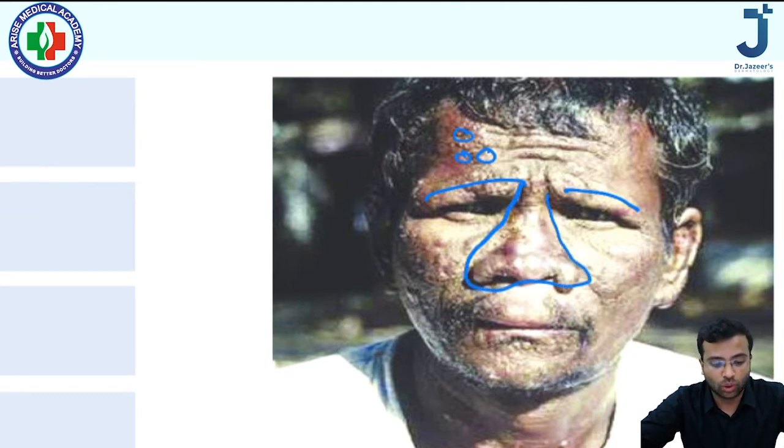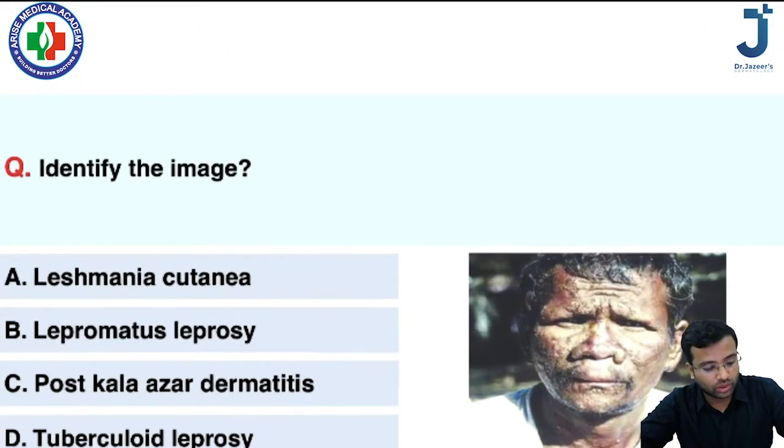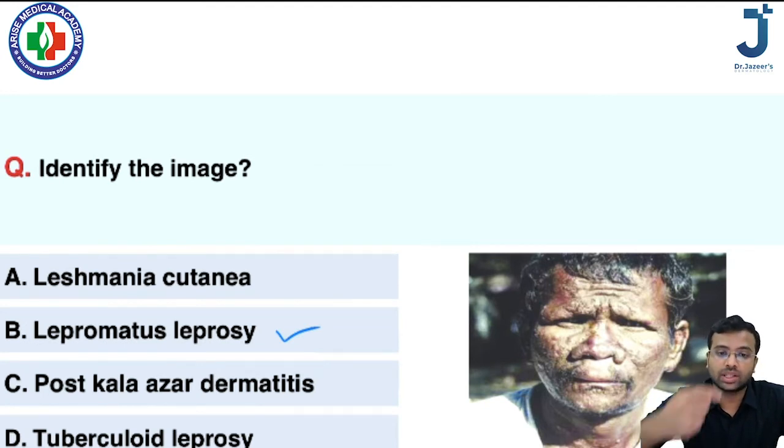All these things put together better fit lepromatous leprosy, where you would see leonine facies. So the answer here would be lepromatous leprosy. There is a saddle nose deformity, a loss of the eyebrows, which is also called lateral madarosis, and multiple papular or nodular lesions over the face.